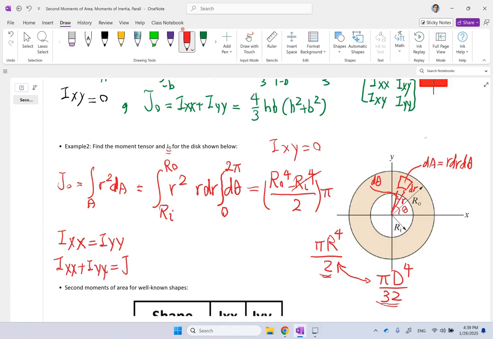It was JO. And I have JO. Since they are equal, each one of them should be half of it. So Ixx equals Iyy equals J over 2. So it is going to be pi over 4 times RO to the 4 minus RI to the 4.